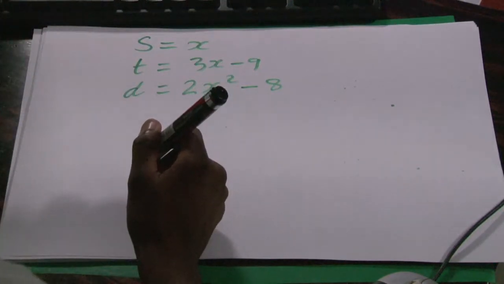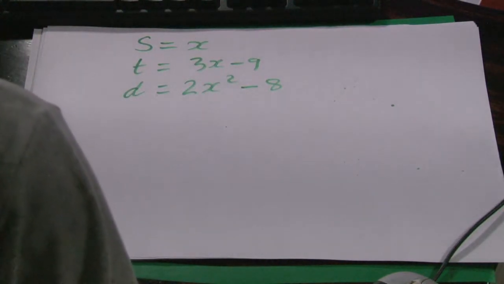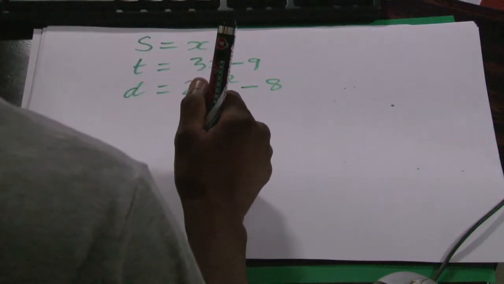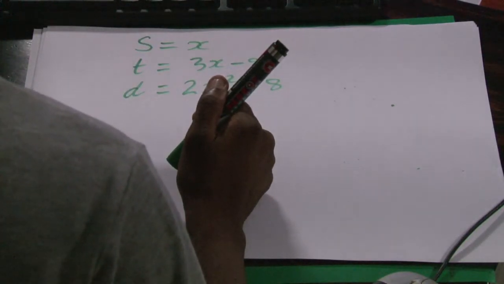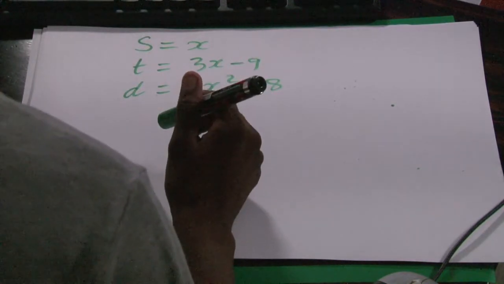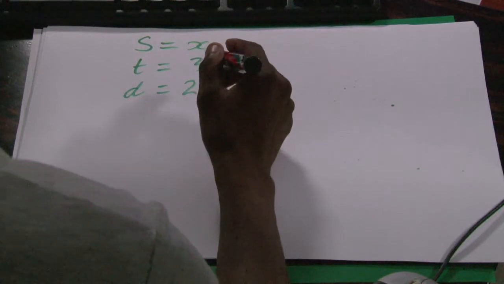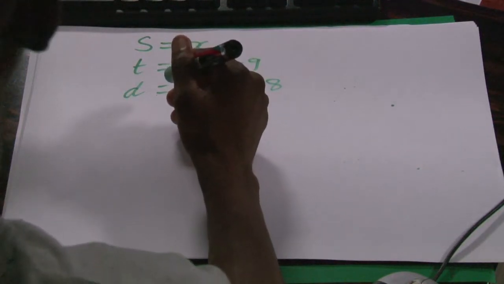So what is the question? The question is write down an equation in terms of x and show that it simplifies to x squared minus 9x plus 8 is equal to 0.